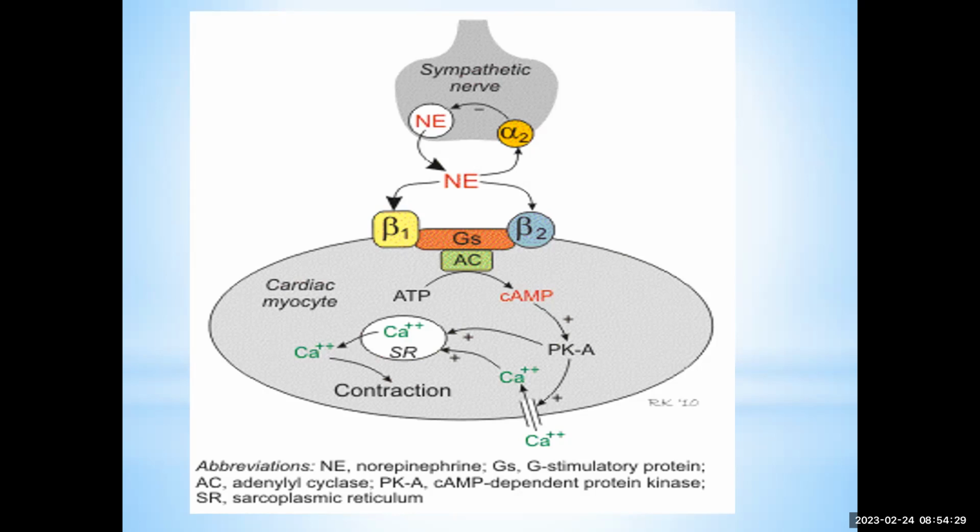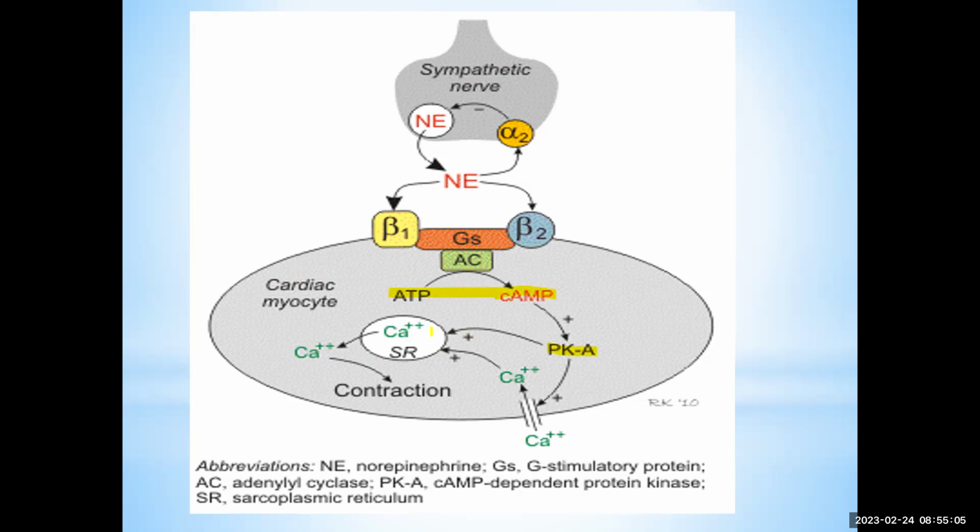So if you activate beta-1 adrenergic receptors in cardiomyocytes, so this is a cardiac myocyte you can see here, you activate adenylyl cyclase that increases the amounts of cyclic AMP. Cyclic AMP activates protein kinase A. Protein kinase A has several targets.